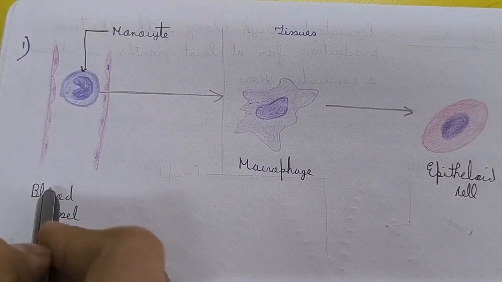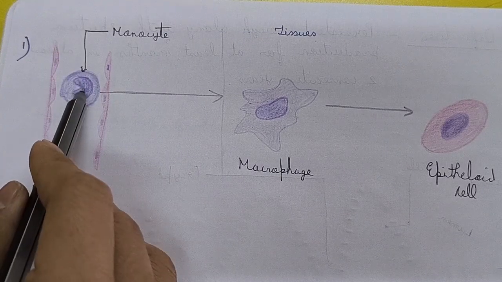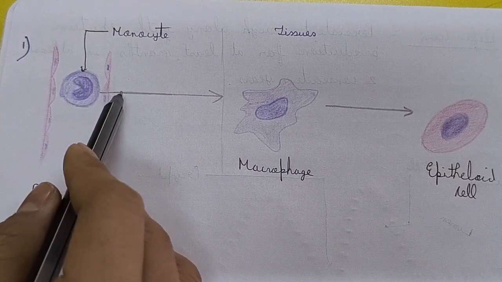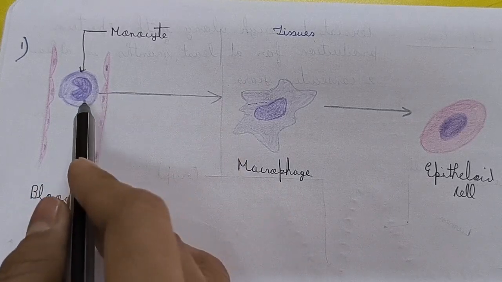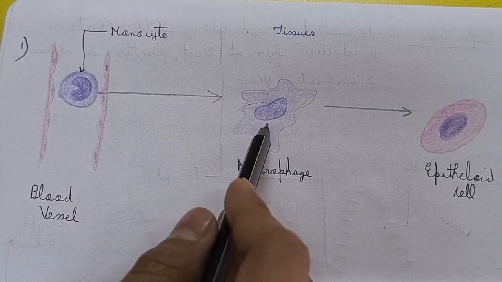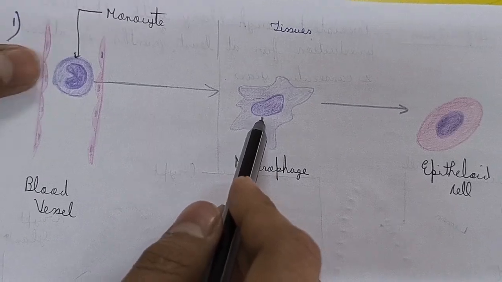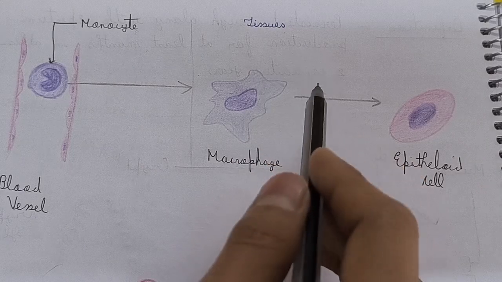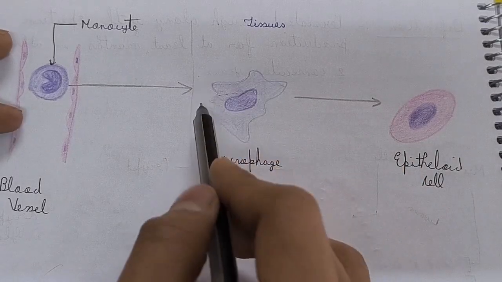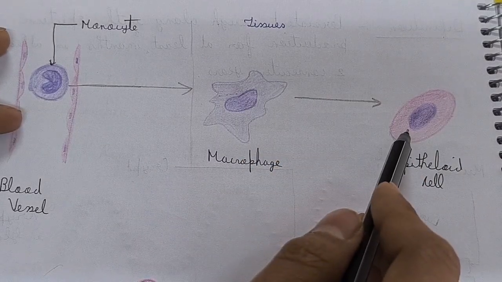So friends, as you already know, monocytes are found in the blood vessel, and these monocytes come out of the blood vessels and reach the tissue region, and in the tissue region these same monocytes are converted to macrophages. Then, in an abnormal or pathological condition, these macrophages are converted to epithelioid cells.